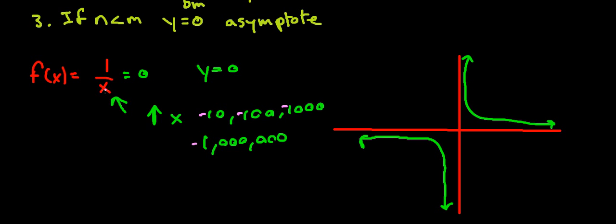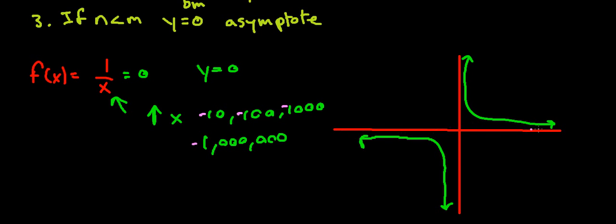There's no value of x we can put in here that will cause this to be 0, unless we put in 0, but then we would have an undefined. So we can see that there's a horizontal asymptote at y is equal to 0.